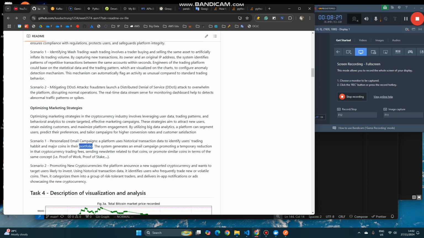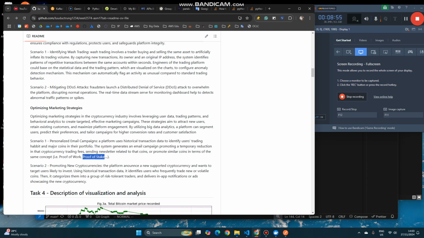So with that information, we can build a system to generate the email campaign promoting, for example, the reduction of the trading fee, and also send newsletters about the coins related to the major coin that they have in their portfolio in terms of the technologies like proof of work or proof of stake.